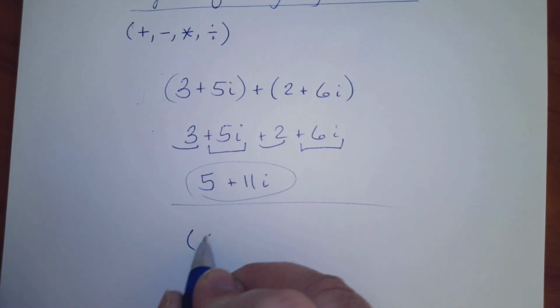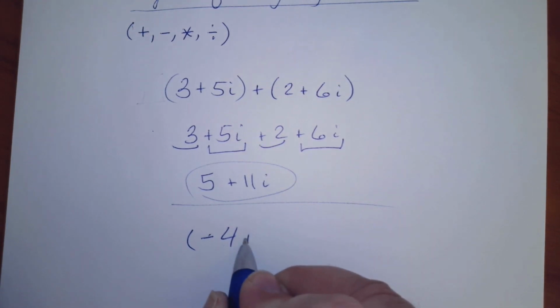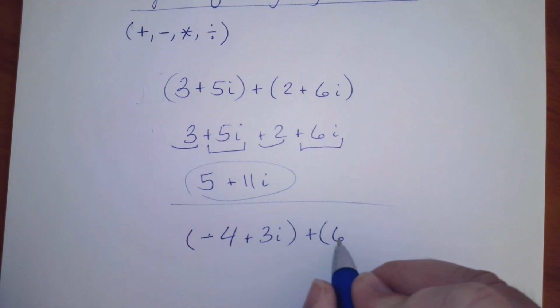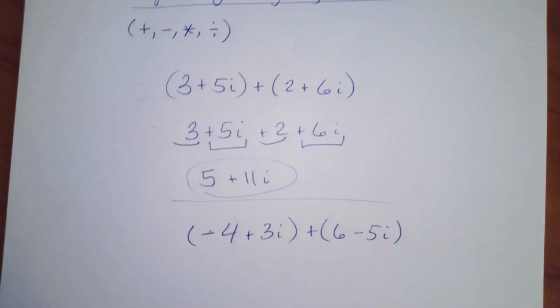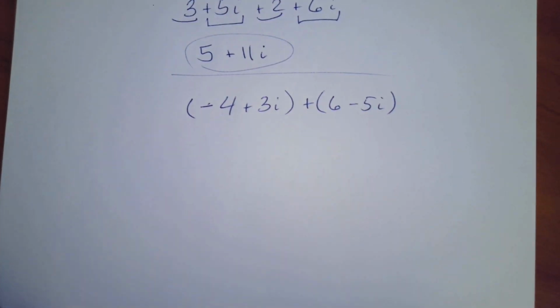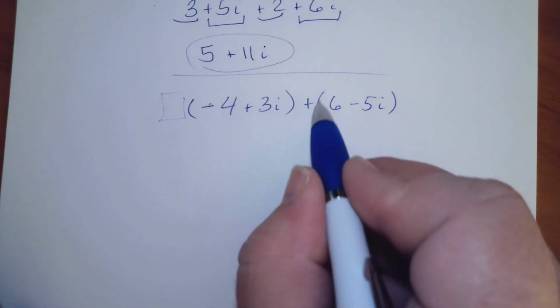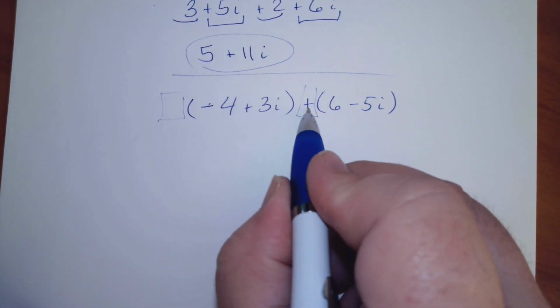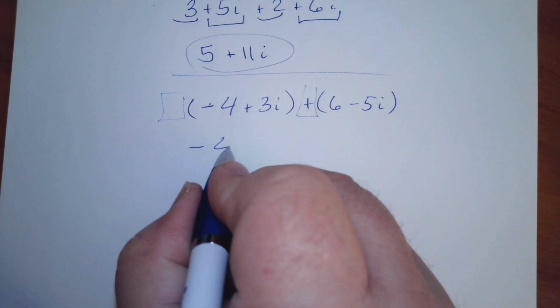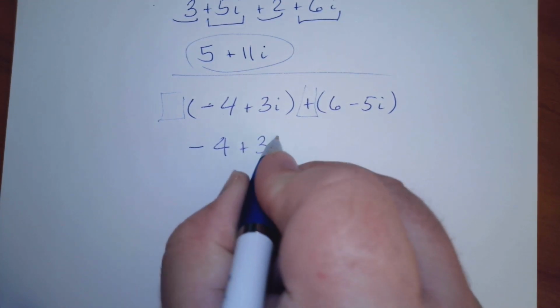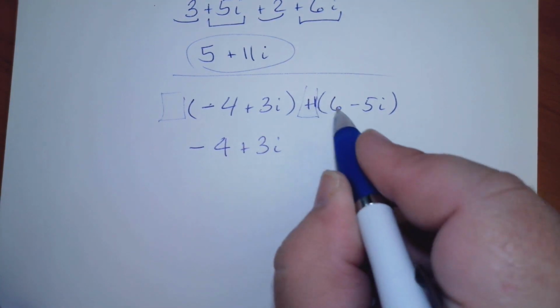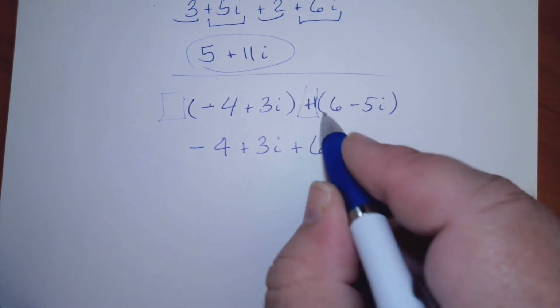Let's do another one. Negative 4 plus 3i plus 6 minus 5i. Again, there's no coefficient. The only numbers in front of the parentheses are ones, and that's a plus. So I can just drop the parentheses. This is a 1 in front, so positive 1 times 6 is positive 6.